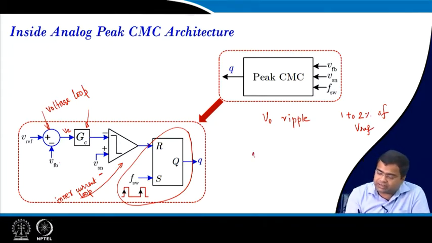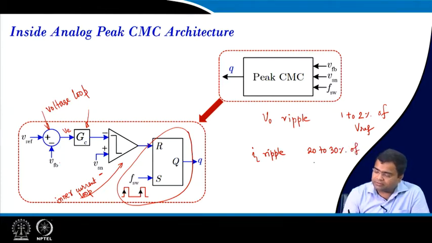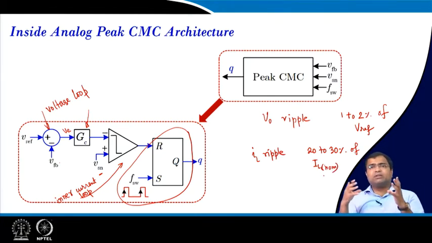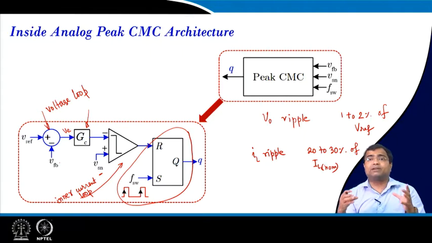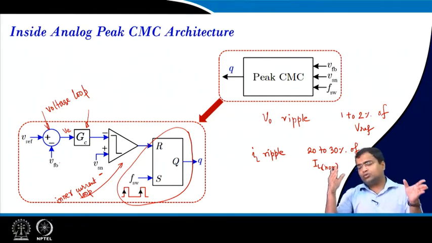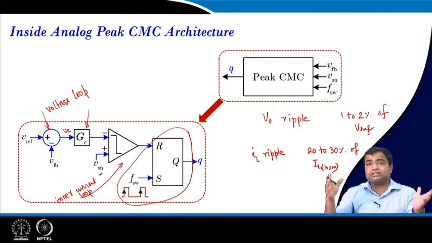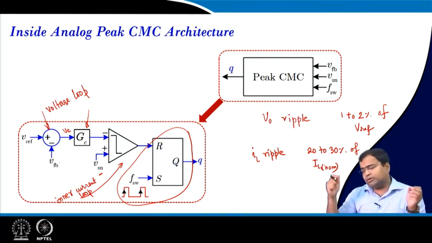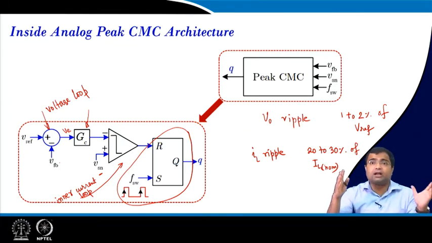But when you consider the inductor current ripple, we generally consider 20 to 30% or even higher of the IL average, the nominal value. The nominal value is basically the nominal load current for a buck converter. So, if we are talking about a 20 ampere nominal current, 30% of 20 ampere means 6 ampere. So, it can be 4 to 6 amperes of current ripple.